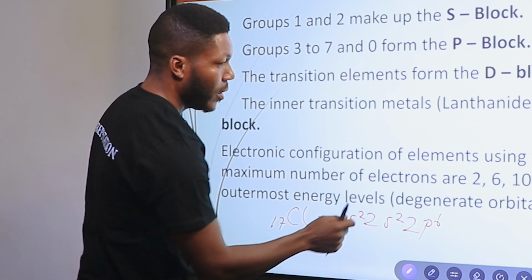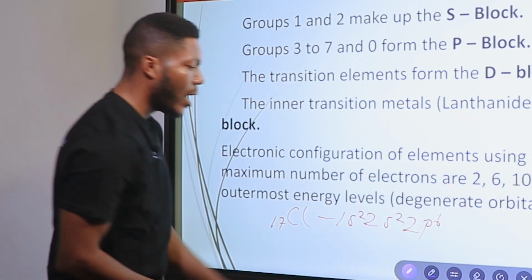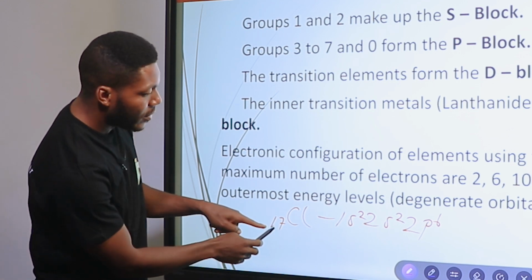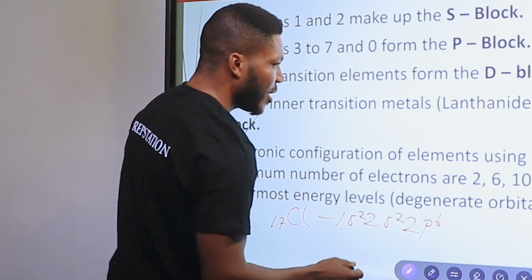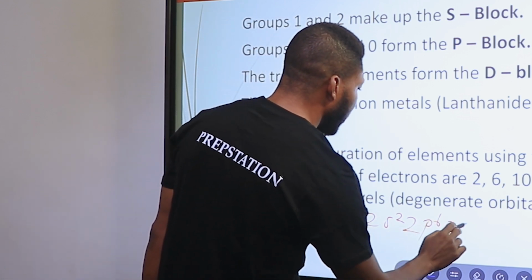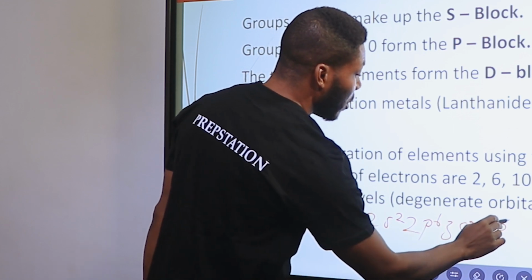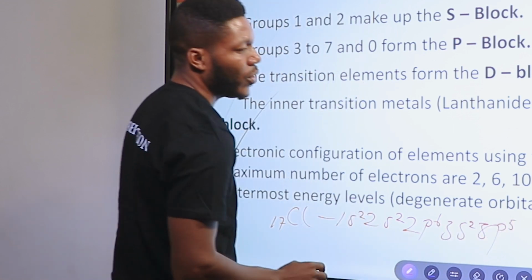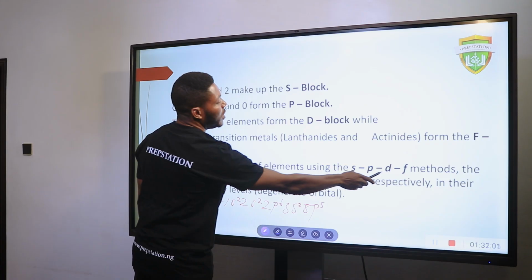You can see the S contains 2 maximum, the P contains 6 maximum. As you're counting, 17, we have taken 10, so 7 remain. The next shell is 3s, which is 2. Then the last is 3p5. If I pick another element up to like 30, I will get to D and then F.